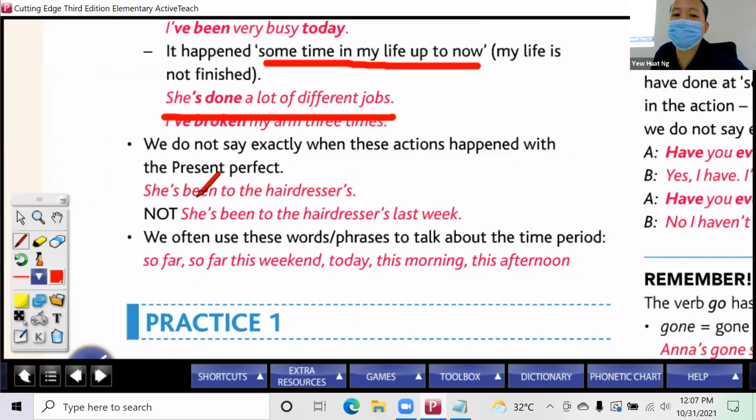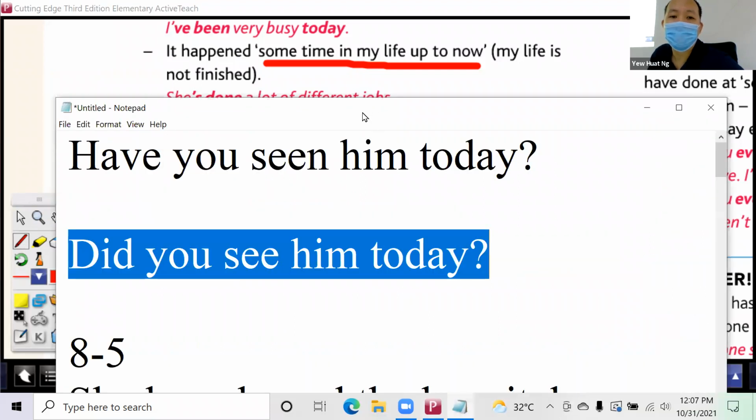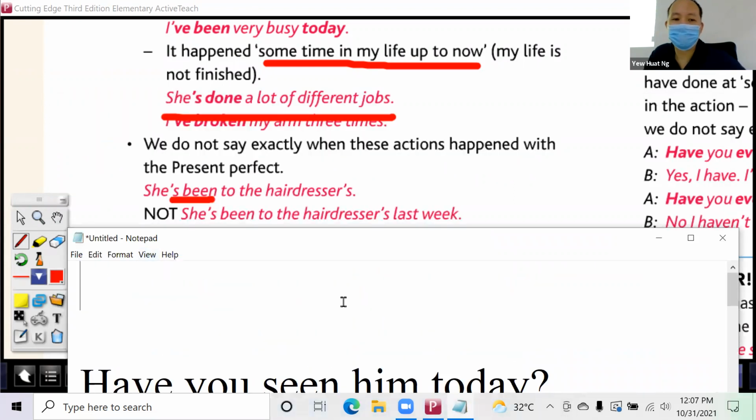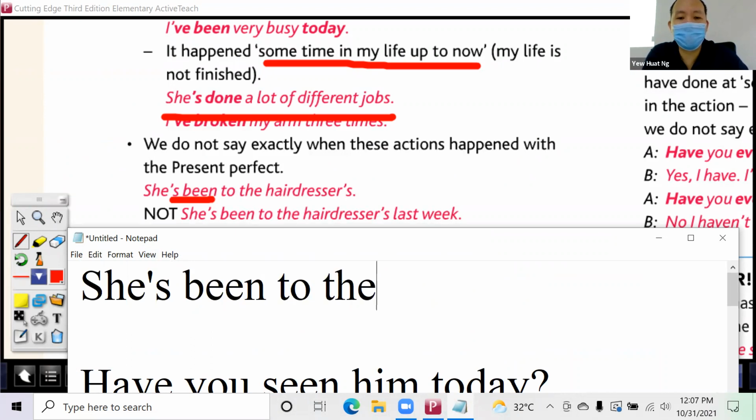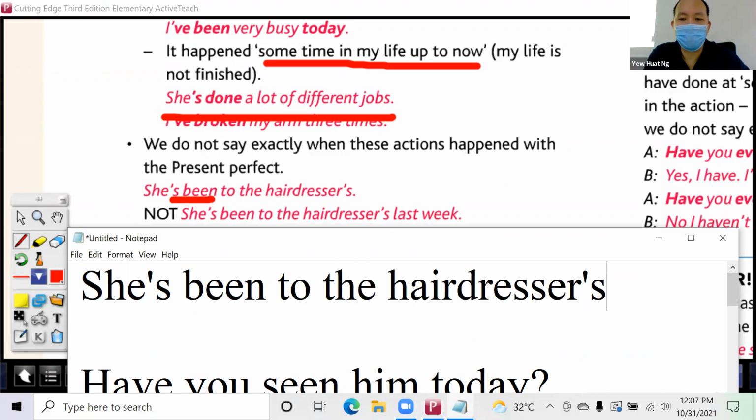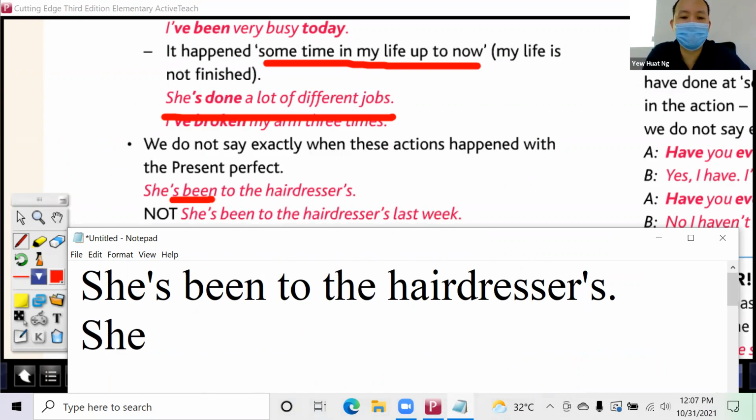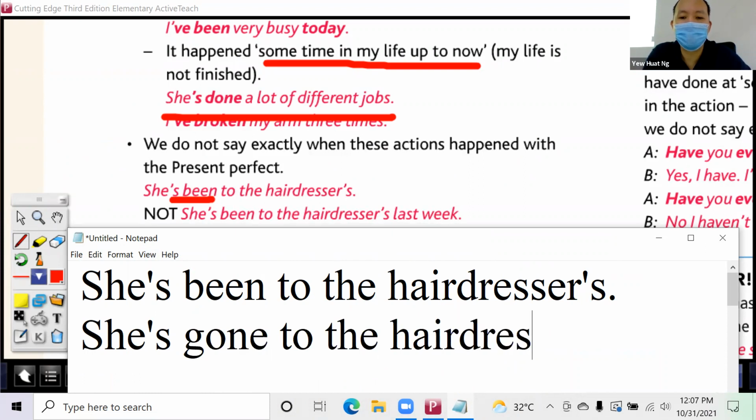She's been to the hairdressers. Just want to check a little bit with her English. She has been to the hairdresser and she's gone to the hairdresser. What's the difference?